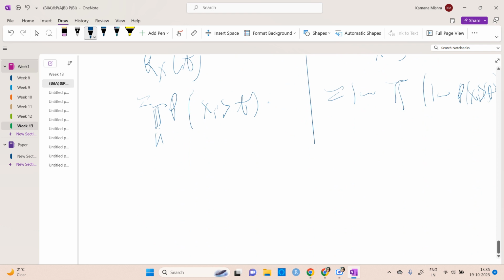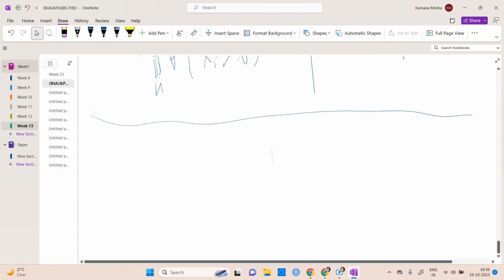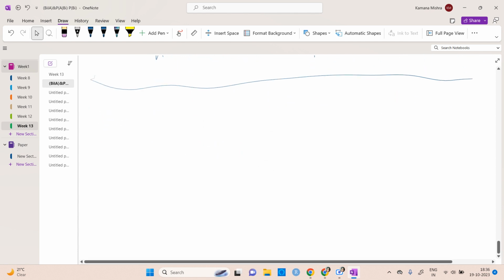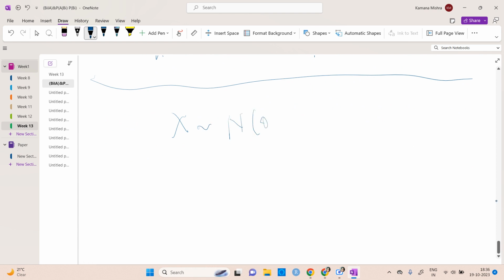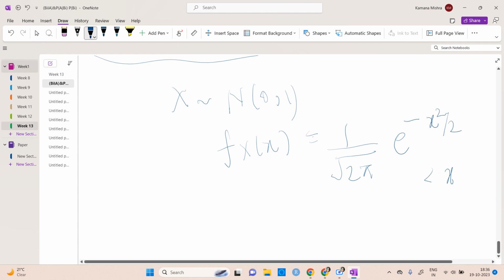So one question we can do from here: let's say one random variable is given, a normal random variate, and you have a PDF given like this. For a normal random variate it is 1 upon root 2 pi, and sigma is 1, e to the power minus x square upon 2, and x is between minus infinity to infinity.